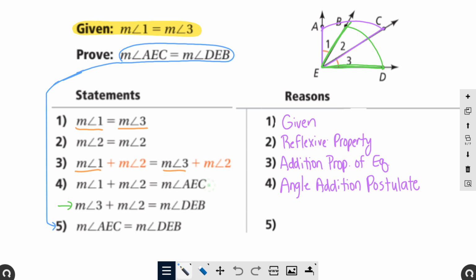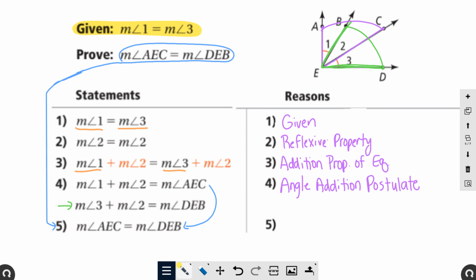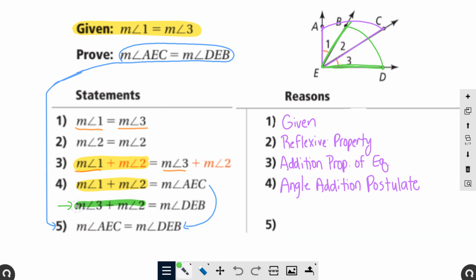So if I'm going from here to here, how can I use all of this info to get this? So let's look for things that are similar. Angle 1 plus angle 2 is also written right here, right? And angle 3 plus 2 is written here.